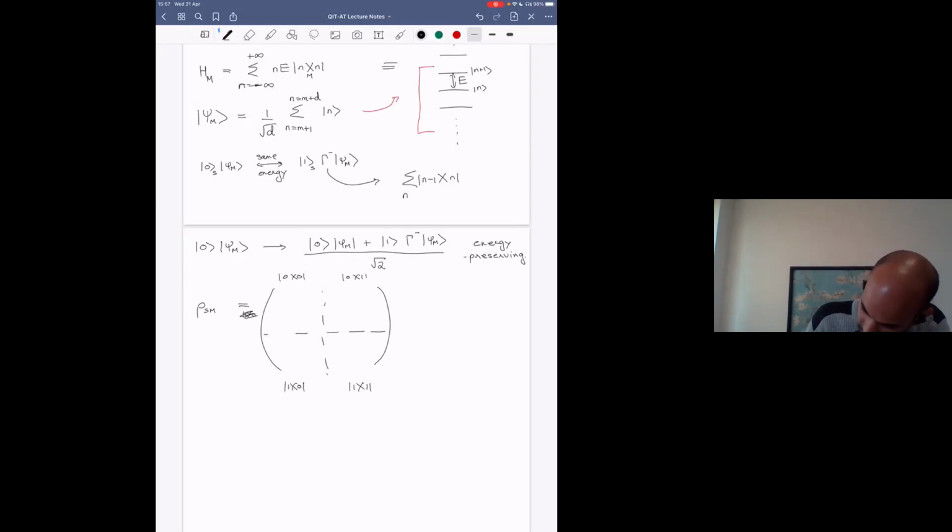Within each of these, I have psi m by 2, and here I will have gamma minus psi m, gamma plus by 2. That's just gamma minus, gamma plus is equal to gamma minus dagger. And then in the off diagonal places, I will have psi m gamma plus, and gamma minus psi m.